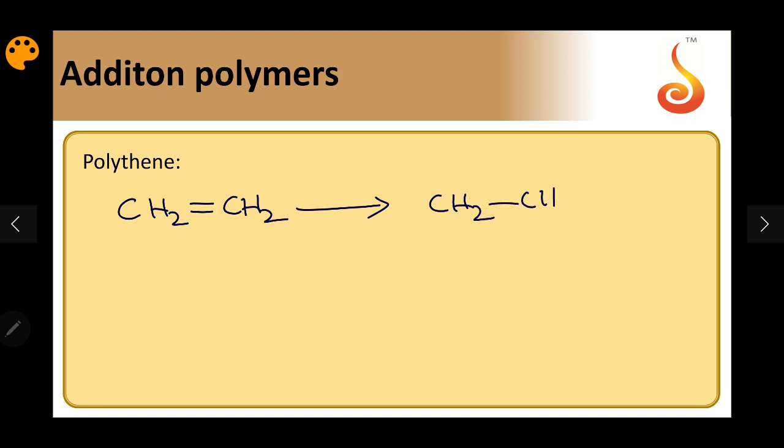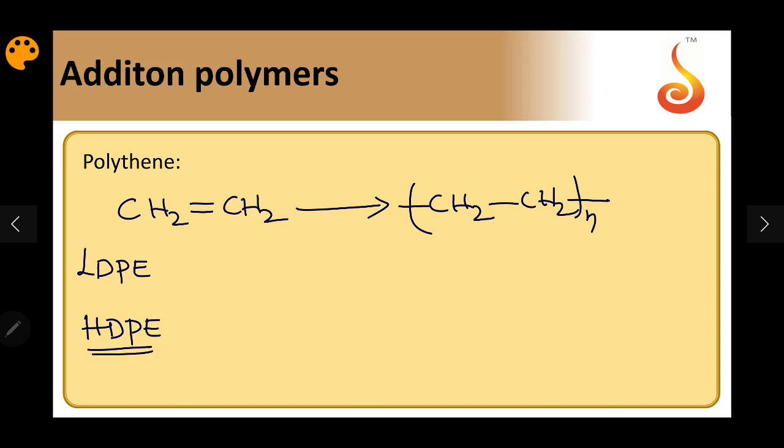So take some of the addition polymers. Polythene, as we know, is formed by CH2=CH2 polymerizing to give (CH2-CH2)n. So we have LDPE and HDPE.